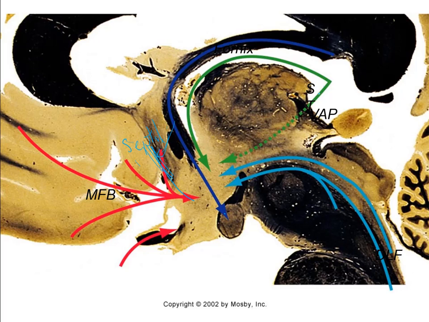Okay? Here the green is the stria terminalis. The dotted green is the amygdalofugal, coming out of that temporal lobe and right into the hypothalamus. And these, hard to read here, are the dorsal longitudinal fasciculus, which is a bidirectional pathway.